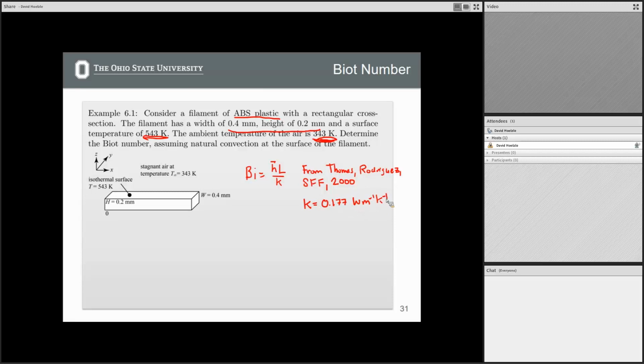The L in this case, so conduction occurs in this direction. And so the L in this case is going to be equal to 0.02.